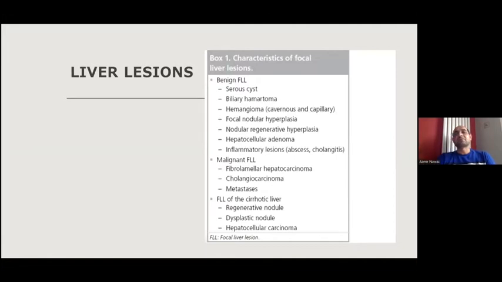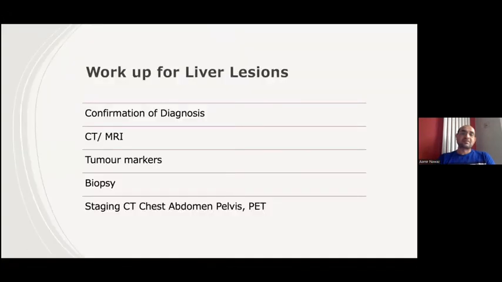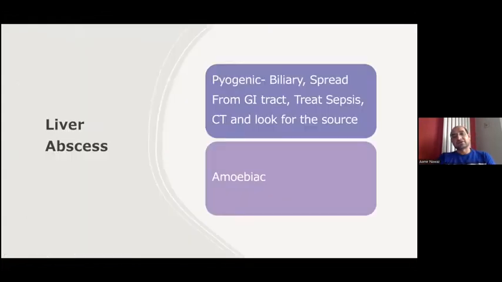So we have to be a bit more aggressive in the treatment of hepatocellular adenoma in men. I don't want to go into the detail. You have to know the basics. We will confirm the diagnosis with CT, MRI, complemented with tumor markers. If ambiguous, we'll do a biopsy, which is mostly percutaneous, and we have to stage the patient. The local MDM and specialist MDM role is very important. You don't have to forget it.